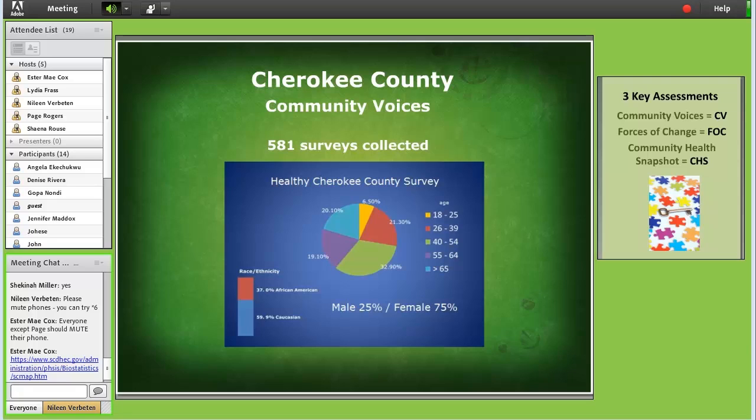So we were able to collect 581 surveys, which I think is a pretty substantial number given the small size of Cherokee County, and you can just see the breakdown there. We had primarily 40 to 54 in the age group. We had a pretty good representation on race and ethnicity.